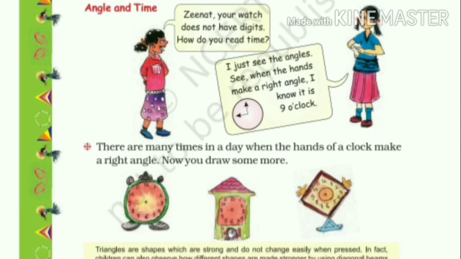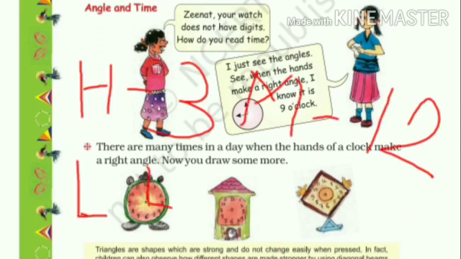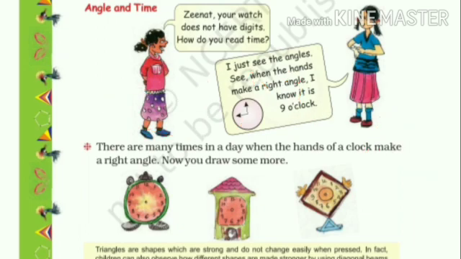The first clock is given. In that we can make a right angle on the basis of, can I take the first angle of 3 o'clock where the hour hand is on the 3 and minute hand is on the 12. Means it is forming an L shape, so it is a right angle.